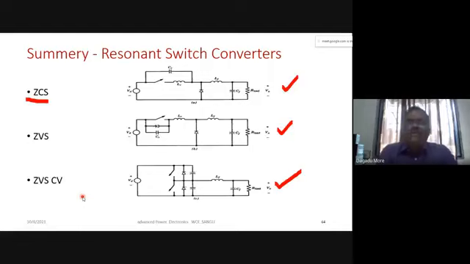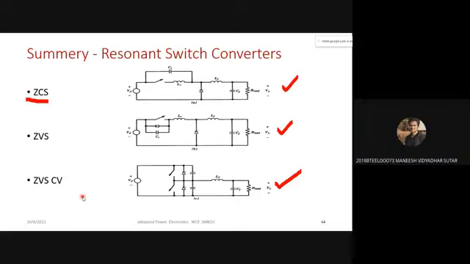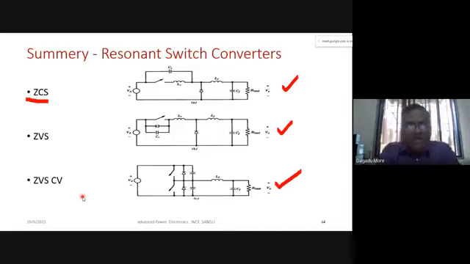So out of that, which will be a preferred one? ZCS, ZVS and ZVS CV. Which topology is better out of these three? ZVS CV is better because our turn on and turn off are at zero voltage. At the same time, there is no voltage stress across the device.